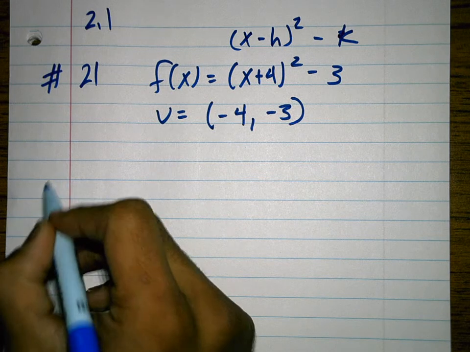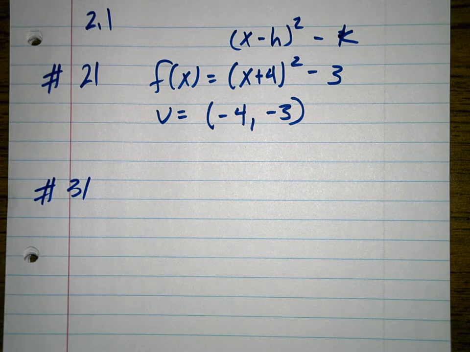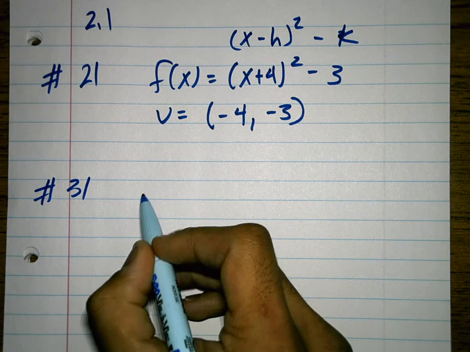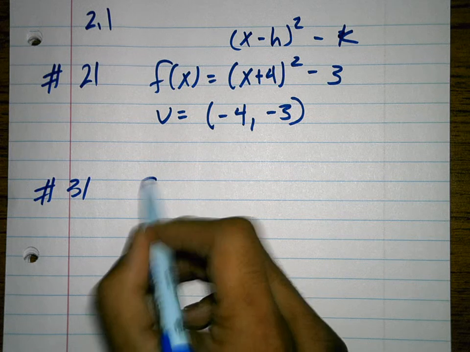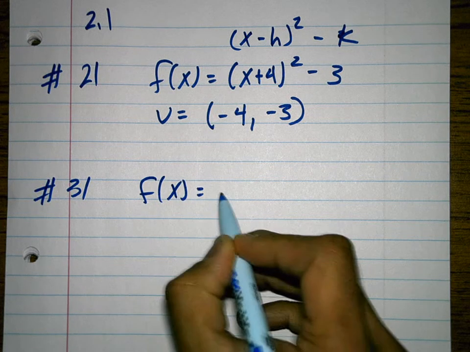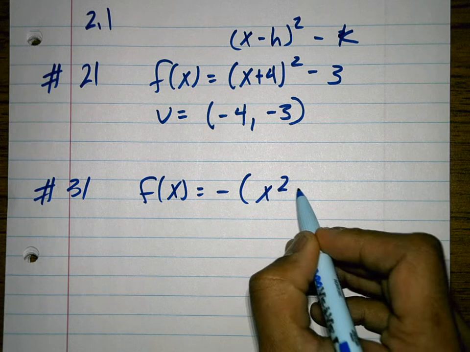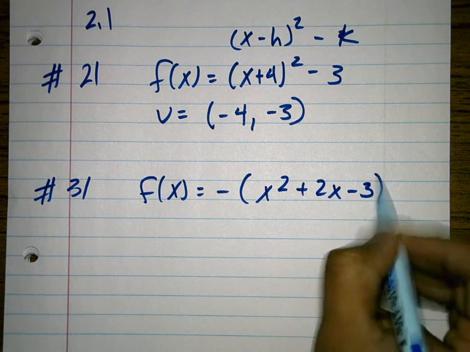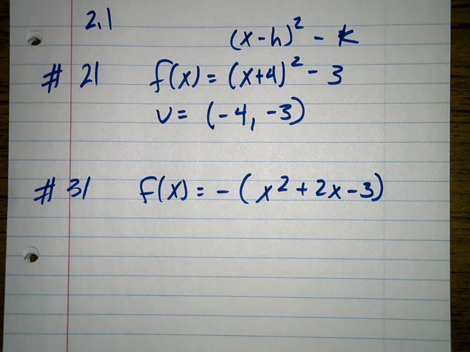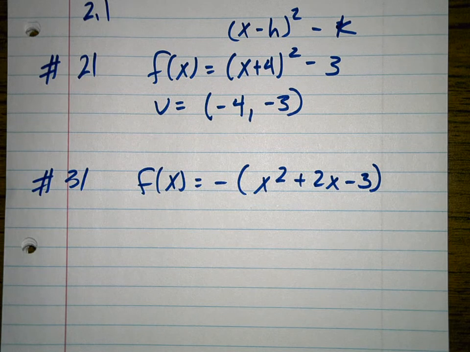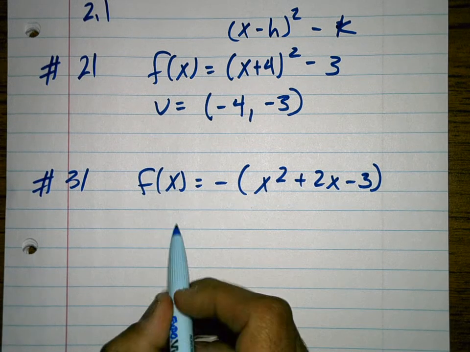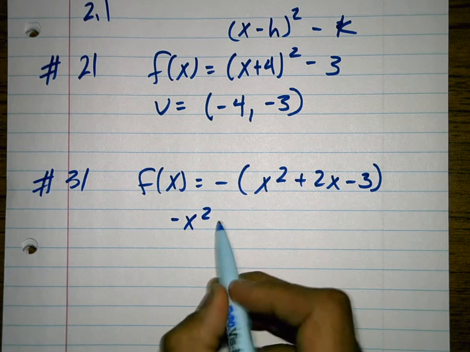Number 31 says find the intercepts as well as the vertex. So it's f of x equals negative quantity x squared plus 2x minus 3. The one thing you have to be careful about when finding the vertex is that you've got to distribute that negative.